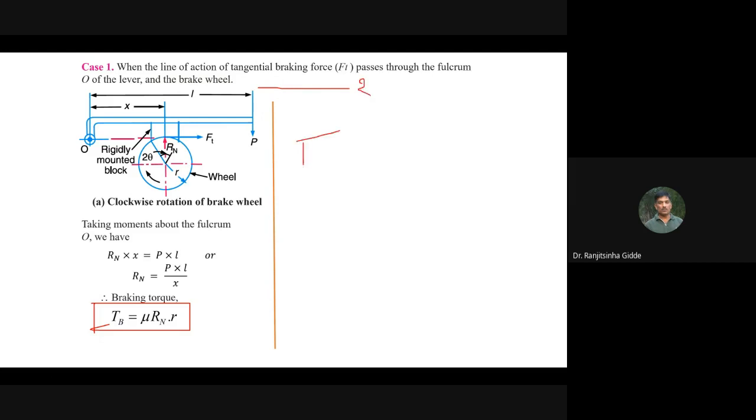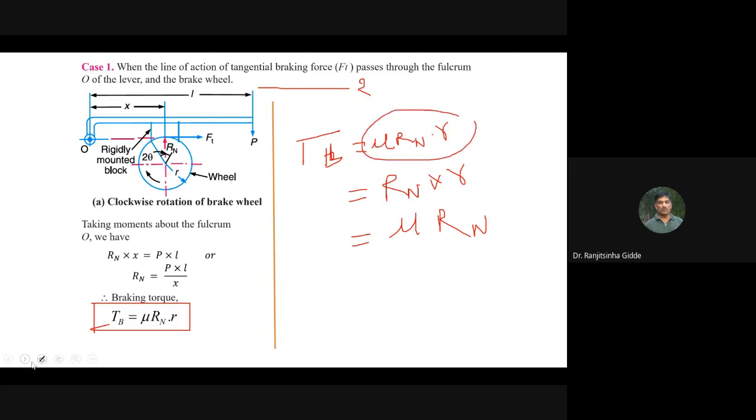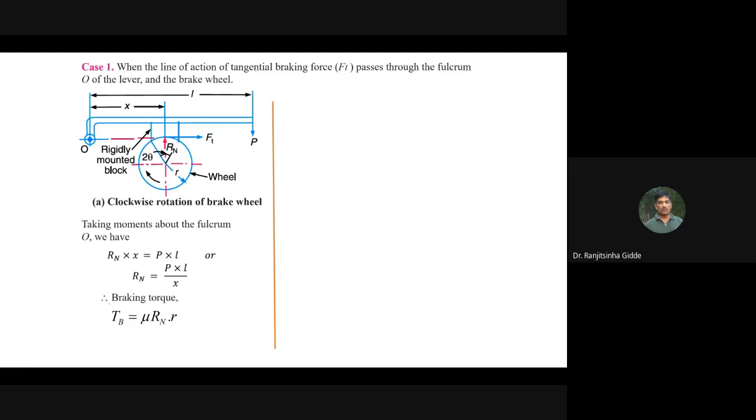They are going to give options like this: mu Rn into R, or Rn into R, or mu into Rn. Like these, options will be there. So what is the correct option? This will be the option. That's why, along with the study, I'm just focusing on the MCQ.